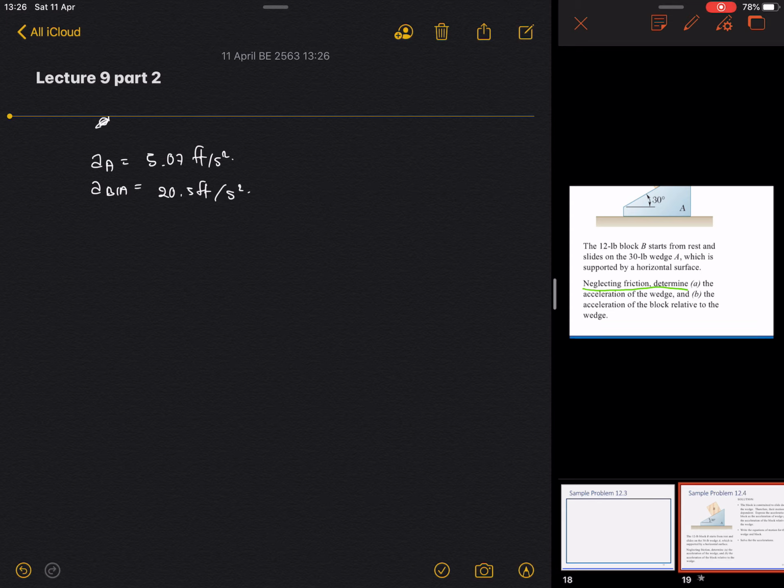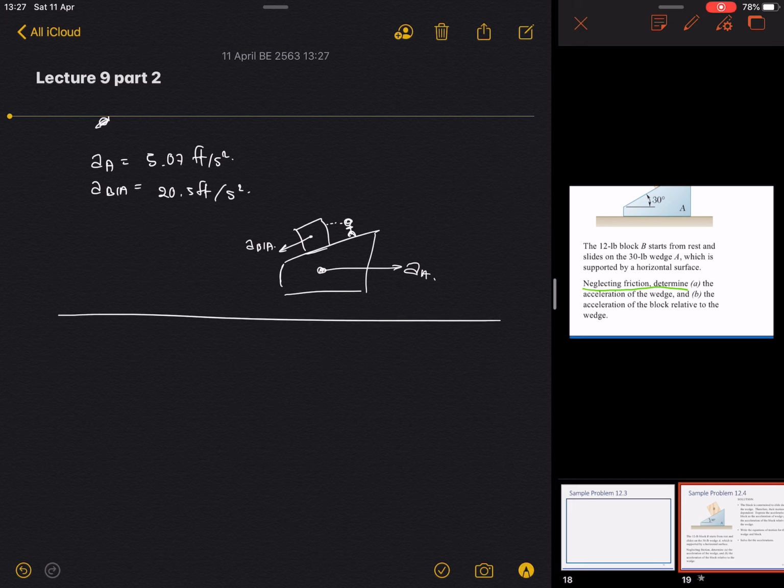Means you have your movement of AA here, and then here is the individual movement of acceleration BA. But acceleration B respective to A means you are standing on the wedge BA and then you see B moving. Okay? Then that's it for this problem.